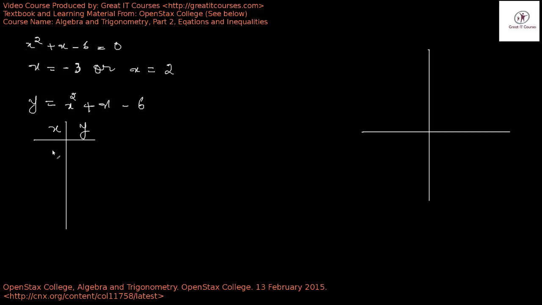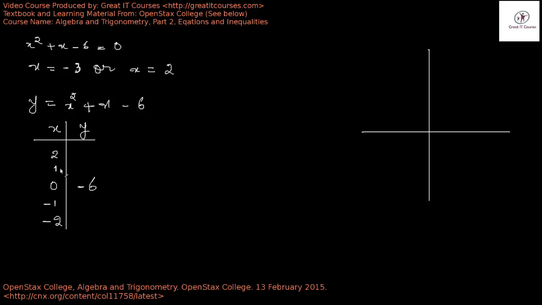For example, 3 points would be enough, but let's do 5 points, and here I go 0, 1, 2, and minus 1, minus 2. Now at x is equal to 0, this would be 0, this would be 0, so your y is minus 6.